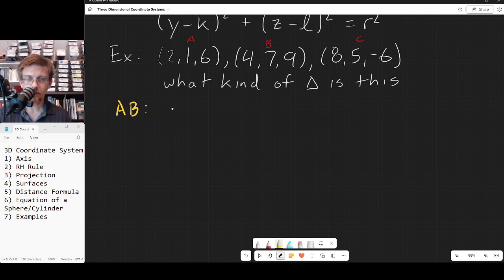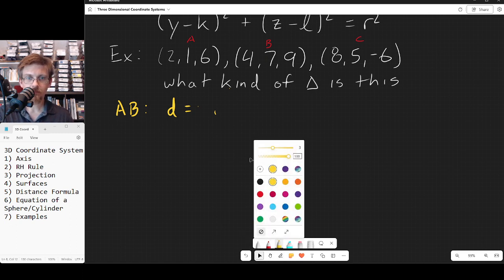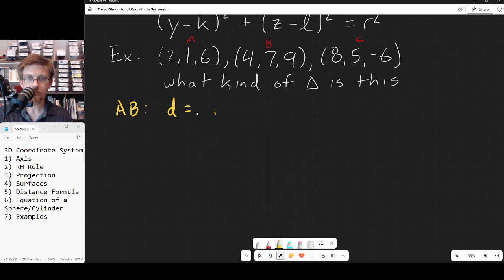The distance is equal to, just like we had before, the difference of each pair of coordinates squared.